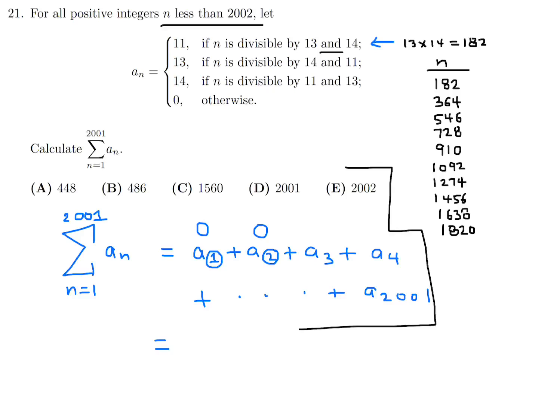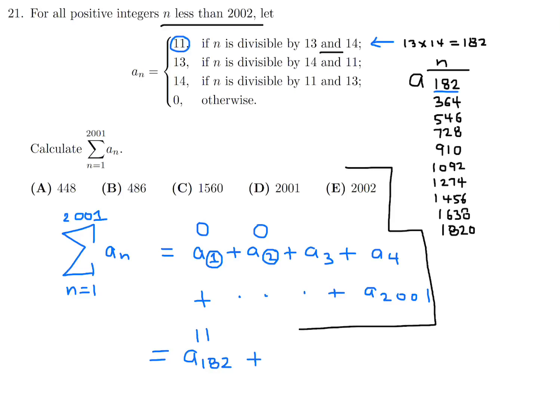So basically what that means is that a182, because 182 is divisible by 13 and 14, the value of a182 will be 11. All right, so I hope that makes sense.